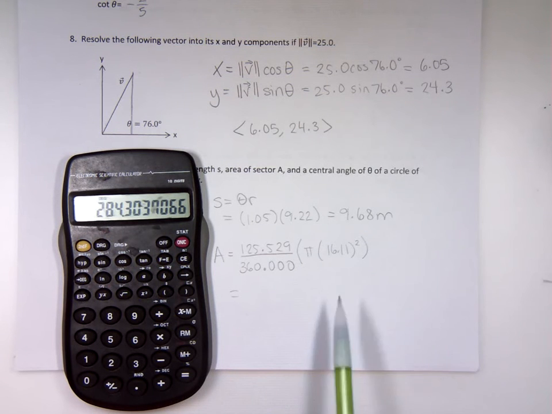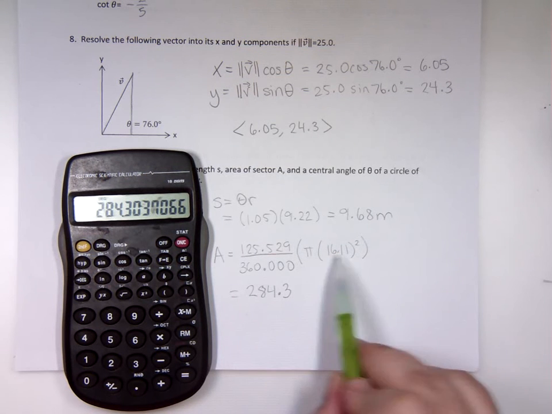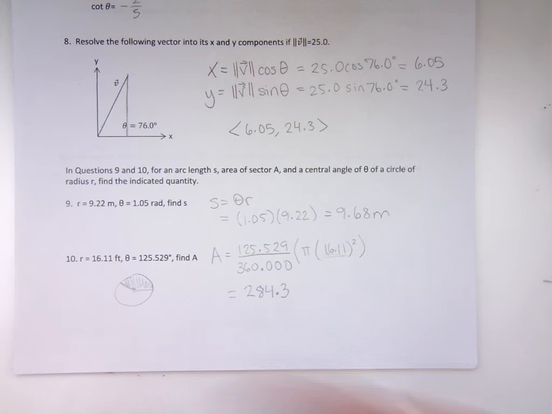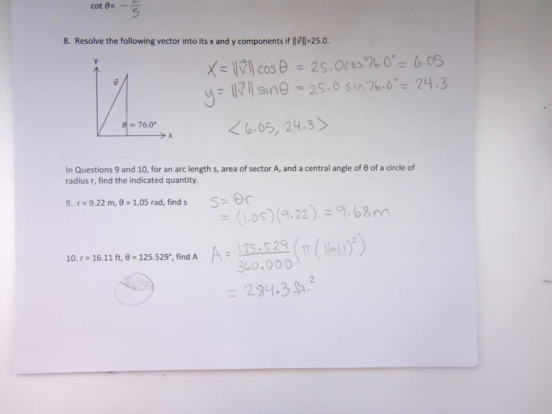We've got 284.3, again, because this only has 4 significant digits, so that's what we're going to go with in our answer. And our units are, since our radius was in feet, square feet for the area. So again, if you're given the angle, just find out what fraction of the full circle that is by putting it over 360, and then multiply it by the area of the whole circle. Okay, moving on.